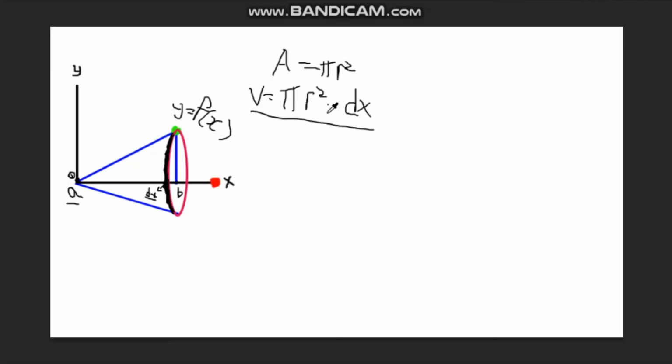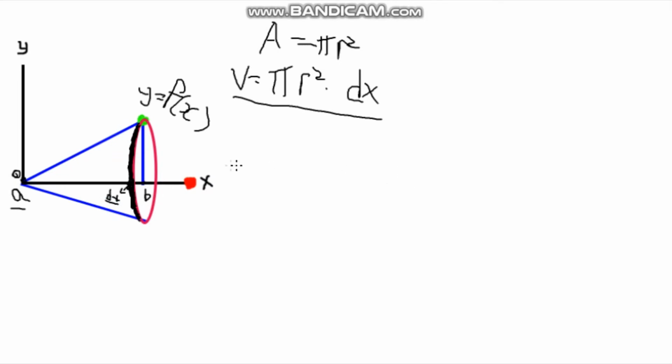And now we need to find the volume. So what we could do is use an integral to sum up all of those individual disks, or cylinders, that there will be between the limits b and a.